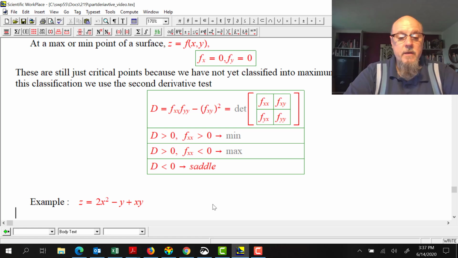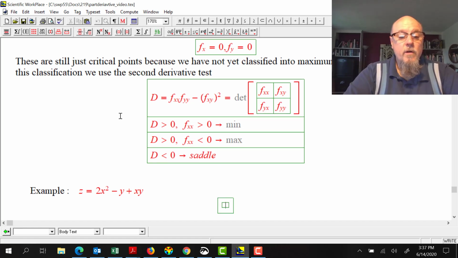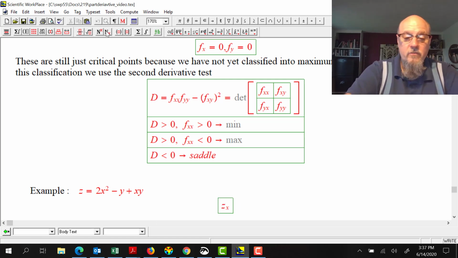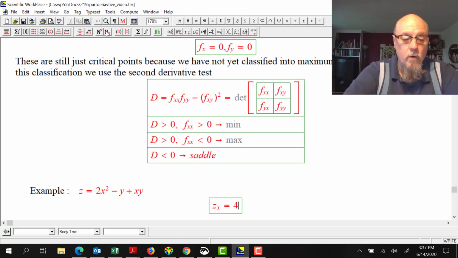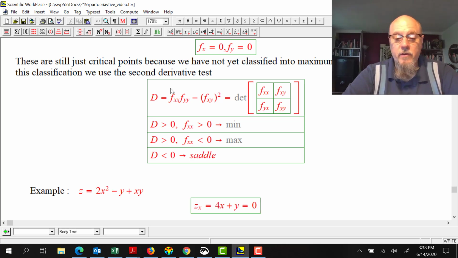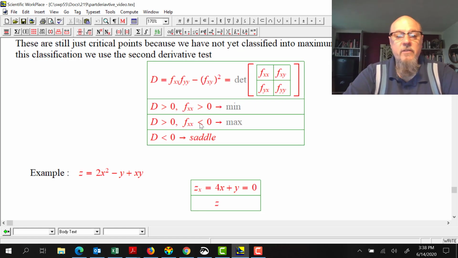So now, here's our multivariable function. Example: find and classify the critical points. I need our z sub x. So I'm differentiating, that's going to be 4x minus 0 plus y. There's our first slope formula in the x direction, equal to 0. I also need z sub y.